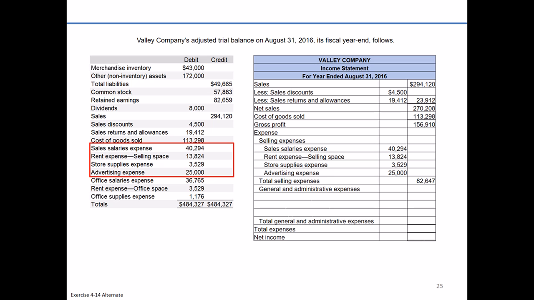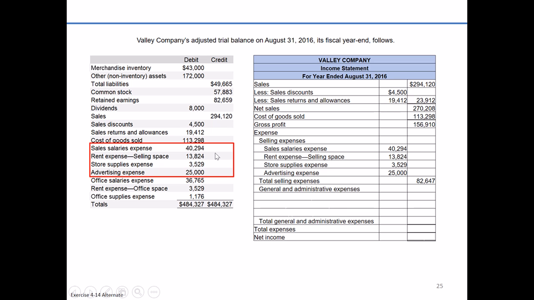Another major category of selling expenses is delivery expenses. So maybe we have a fleet of our own delivery vehicles, depreciation on those delivery vehicles. So what does it take to promote or advertise that sale, to actually make the sale and deliver that particular product to the customer?